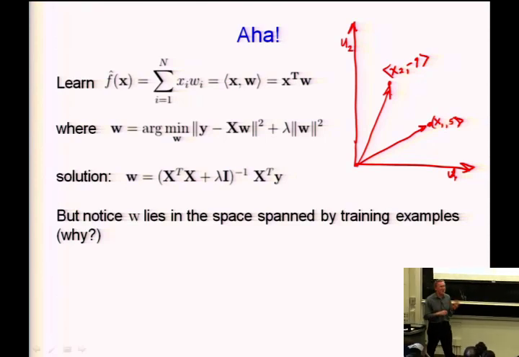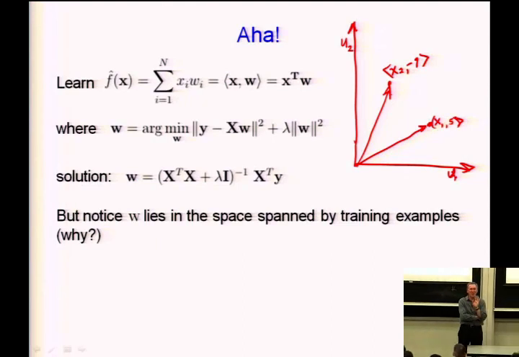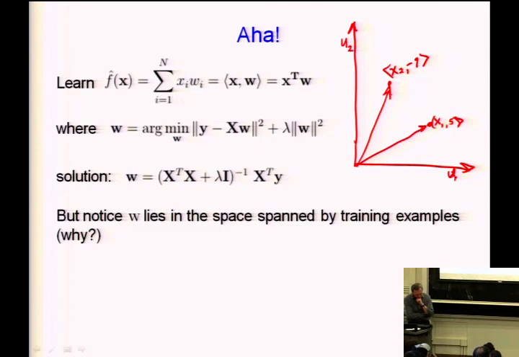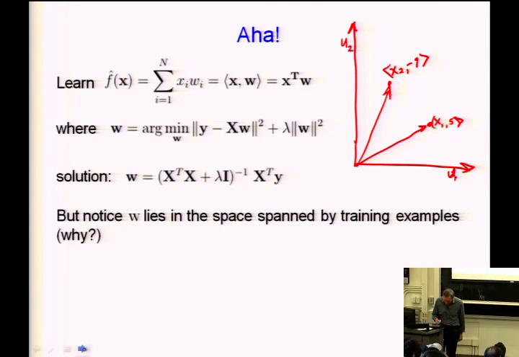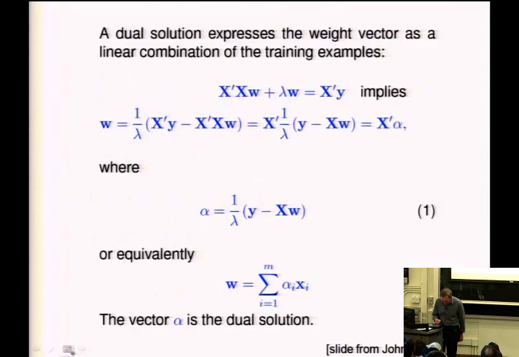Okay, so that's an informal kind of explanation that gives you some insight into why w lives in the same space spanned by the training examples.